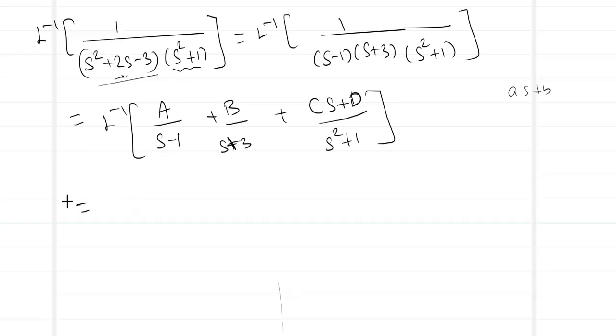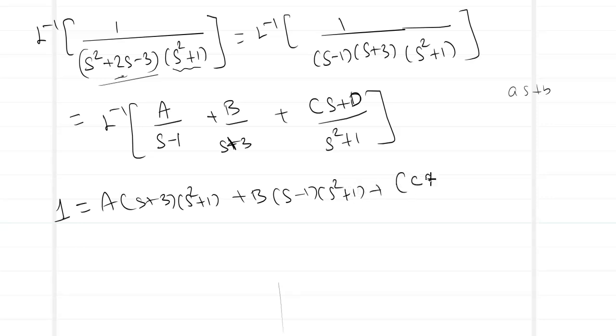You will have 1 on your numerator on the left hand side to be compared with the right hand side, which gives you a times the missing factor, s plus 3 into s square plus 1, plus b times the missing factor, s minus 1 into s square plus 1, plus cs plus d into the missing factors, s minus 1 and s plus 3.